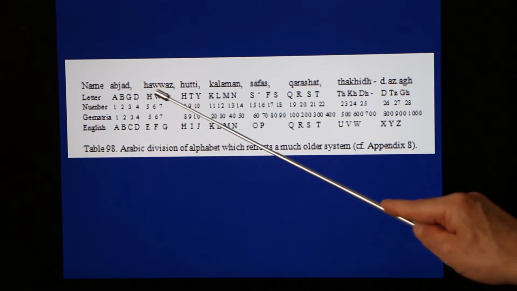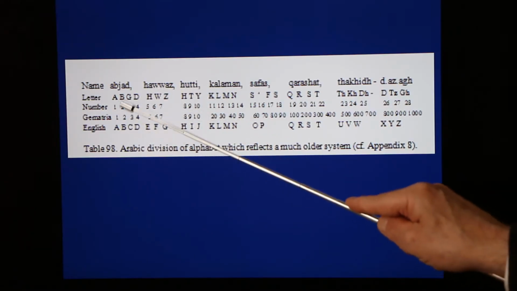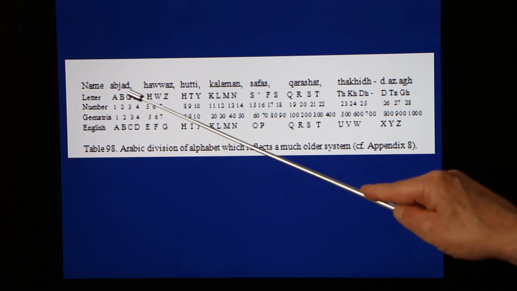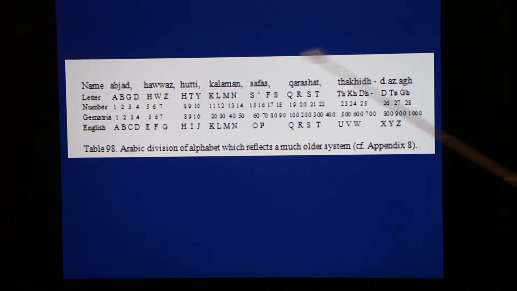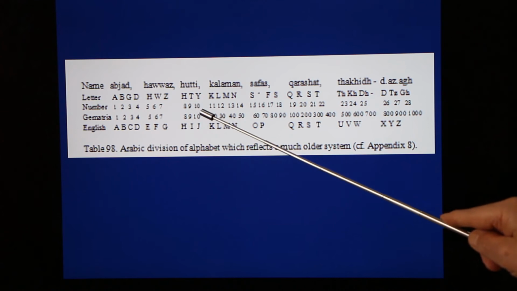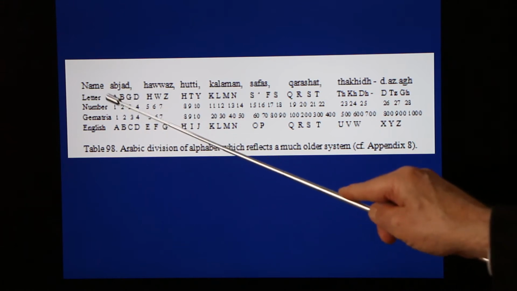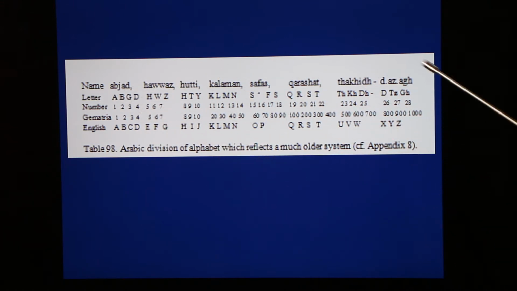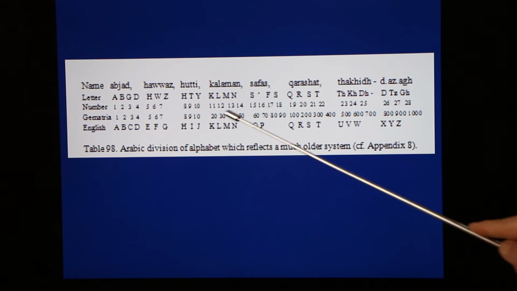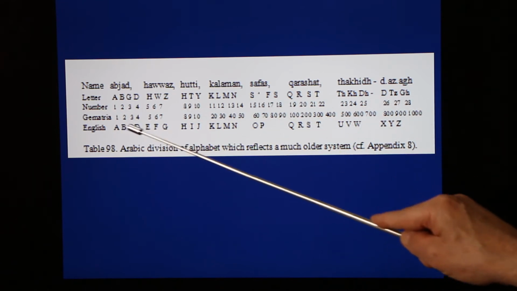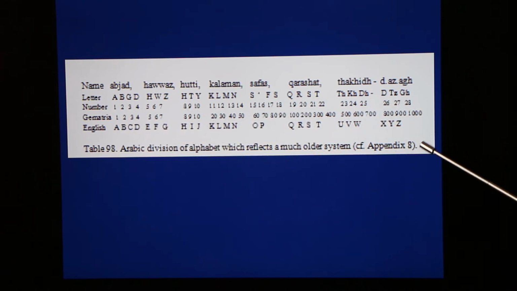But we can see that the Arabic division, which is Abjad, Hawaz, well, they simply make a word of the combination of letters, yes? So they call this Abjad, Hawaz, Hati, Huti, Kalaman, Safas, Karashat, Takti, and so on. And then there it's written out. These are the numbers of the letters. These are the gematria values of the letters, so from 1 to 1,000.